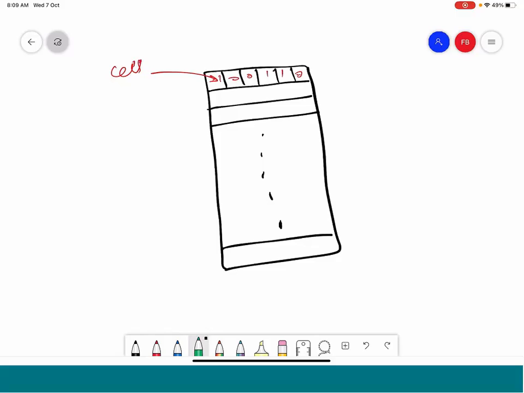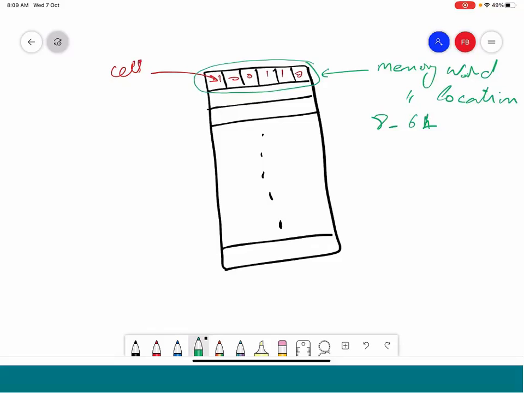This one is called a memory word. Or we call it as well a memory location. One memory location or one memory word. The memory word size is usually a power of 2, with values between 8 to 64, depending on the memory that you use, right?